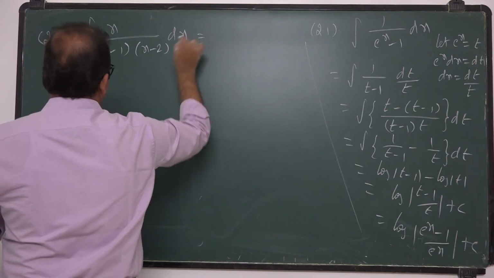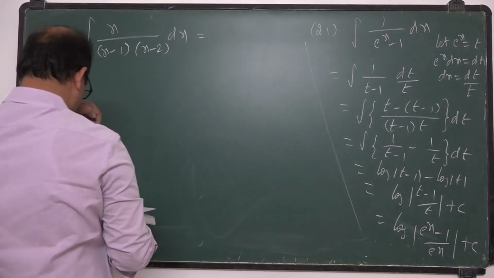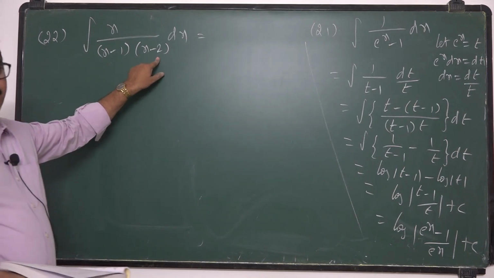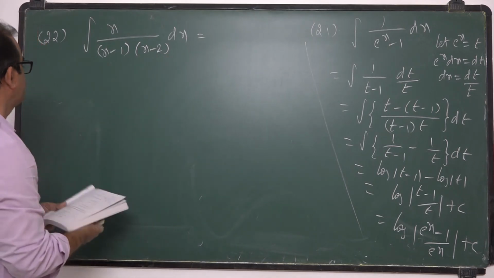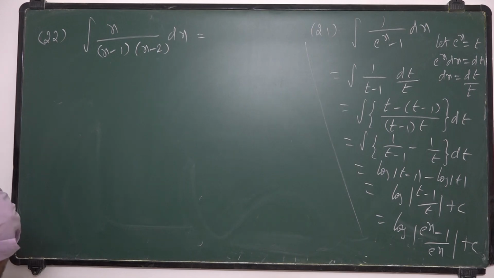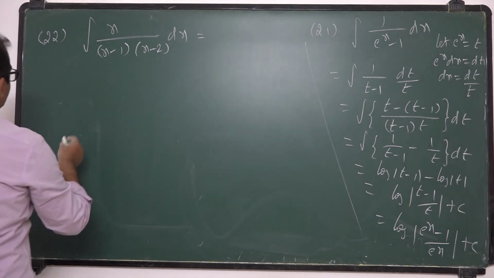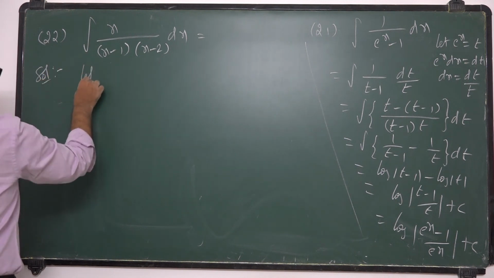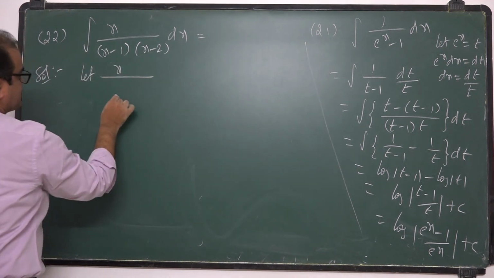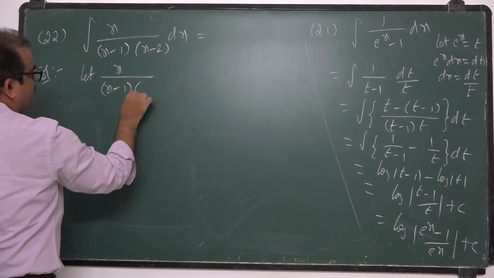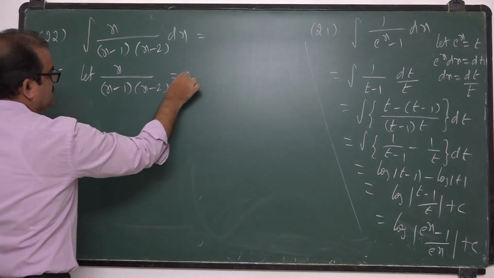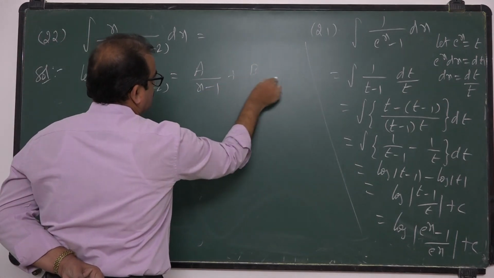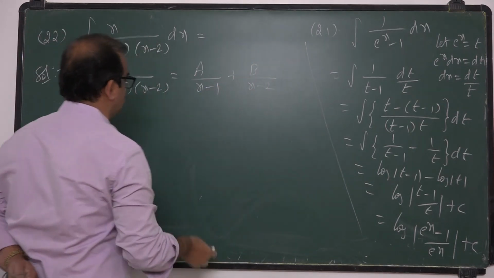Problem 22: integral of x by x minus 1 into x minus 2 dx is equal to. Resolve this into sum of partial fractions and then integrate. Let x by x minus 1 into x minus 2 is equal to a by x minus 1 plus b by x minus 2.